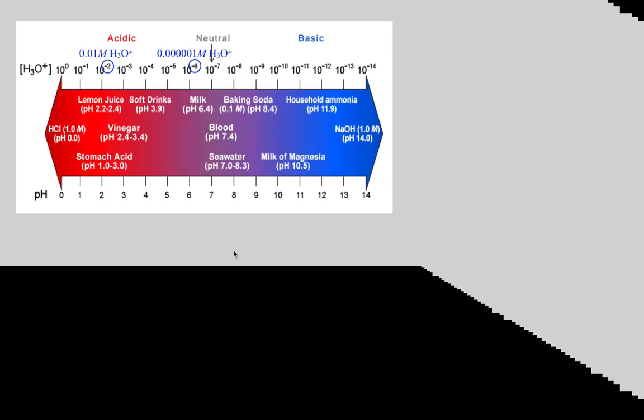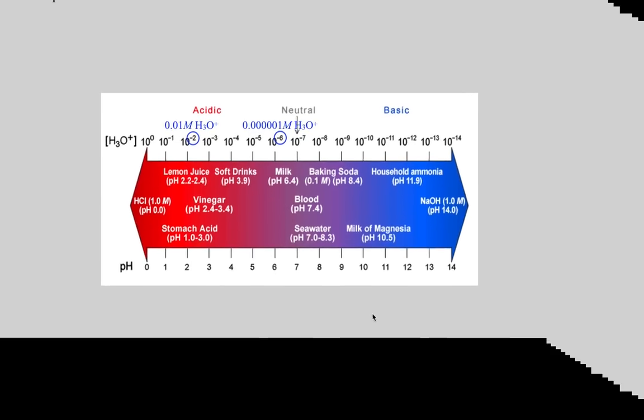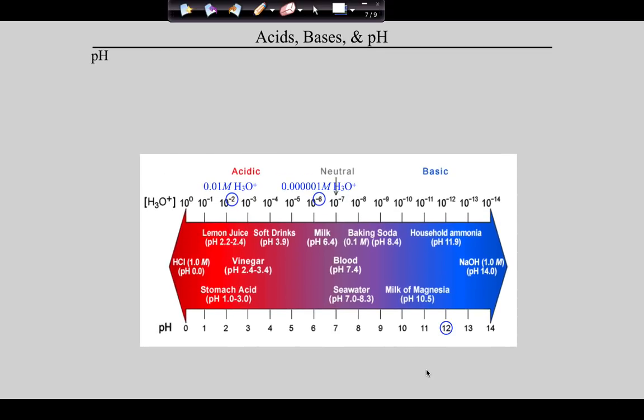See the relationship? So what are we going to do with this? Well, we are actually going to pull these ideas together mathematically. It just keeps going. If we go to 10 to the negative 12th, it just keeps going. But notice what we've done. We have now created a relationship between hydronium ion and pH.